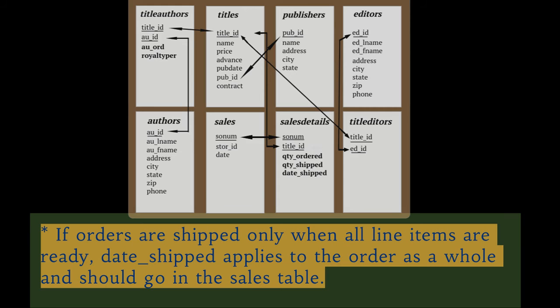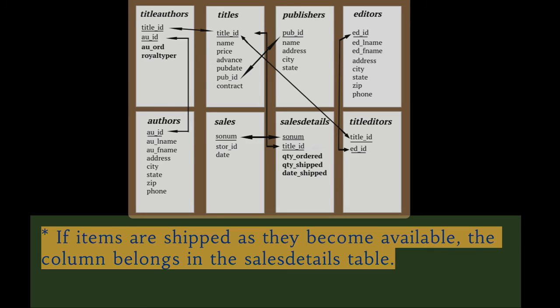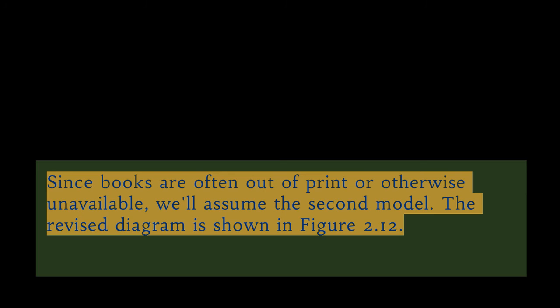If orders are shipped only when all line items are ready, date_shipped applies to the order as a whole and should go in the sales table. If items are shipped as they become available, the column belongs in the sales details table. Since books are often out of print or otherwise unavailable, we'll assume the second model. The revised diagram is shown in figure 2.12.